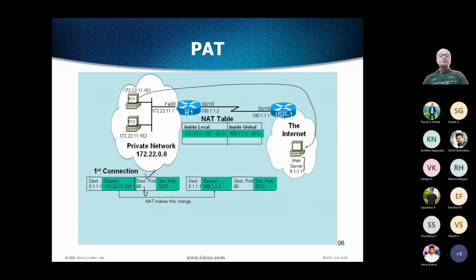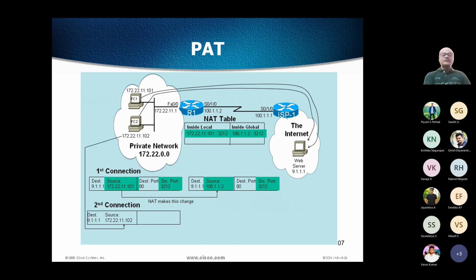Source port is 3212, and your destination IP address is 9.1.1.1. The source IP address is 100.1.1.1. How has it been changed? Because of the PAT, it uses this IP address to translate. It got translated, and the destination port remains the same, 80. He wants to do internet access, and the source port number is 3212.